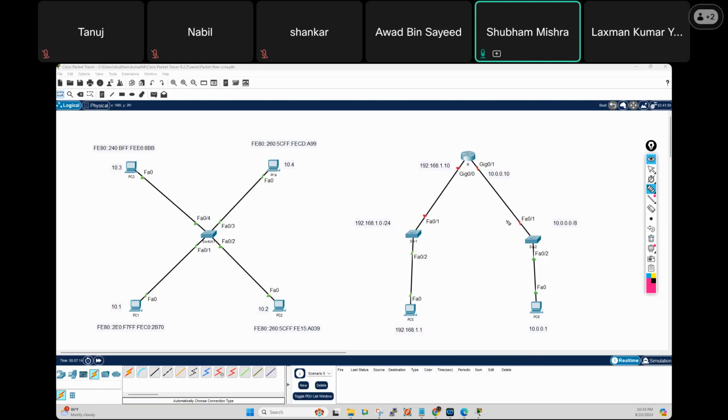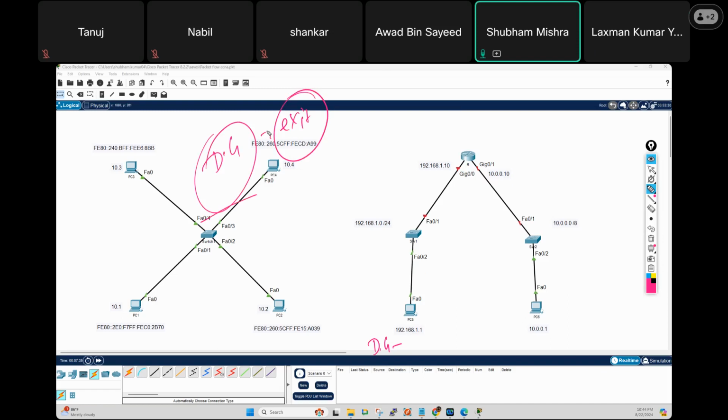I already told you these things many times. What is the default gateway for PC number 5? What is default gateway? Who can define it? 192.168.1.10. Default gateway is the exit point of the network.